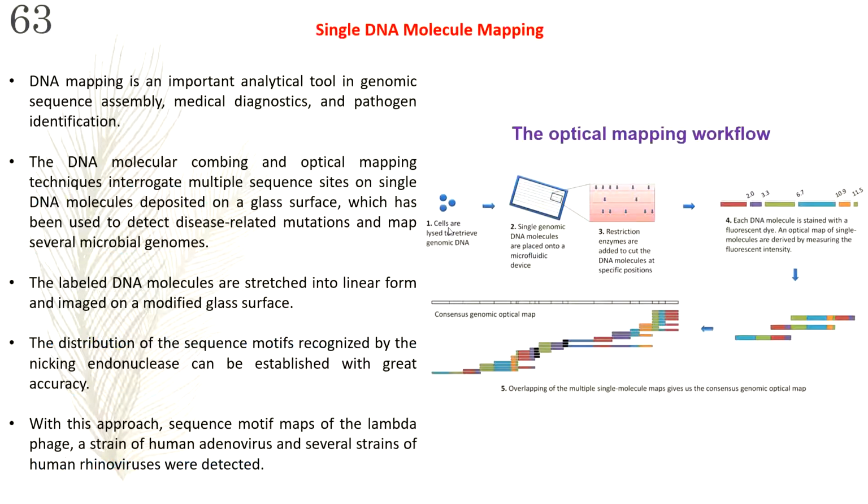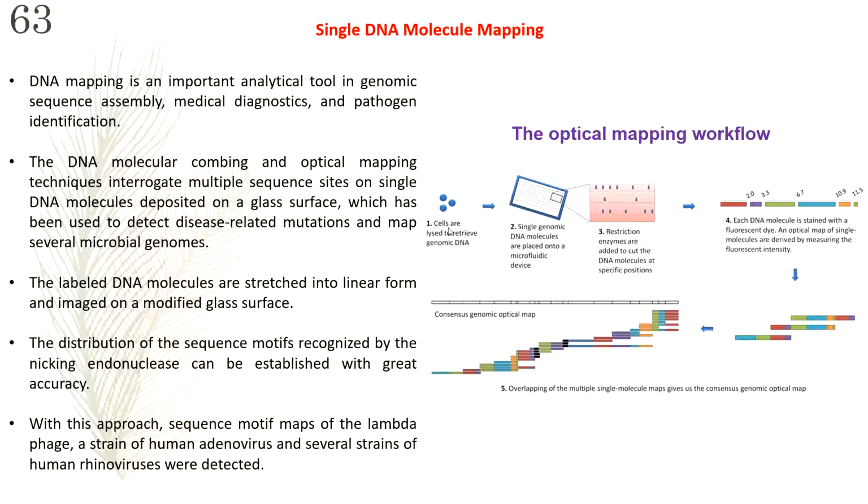Apart from that, people also use this technique to perform single DNA molecule mapping. And this DNA mapping is a very important analytical tool in genomic sequence assembly. Okay, and this is also used in the medical sector, by scientists to find out pathogenic strains.